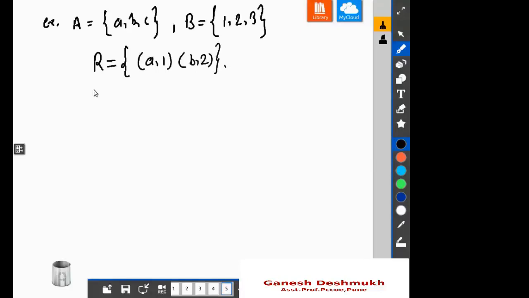So what is the domain for this relation and what is the range for this relation?